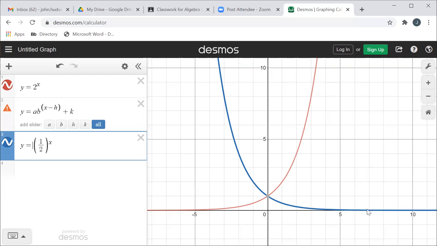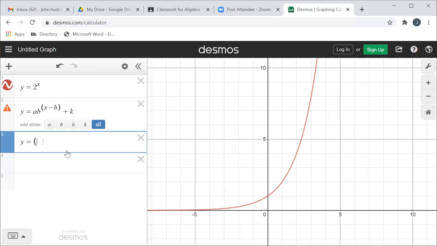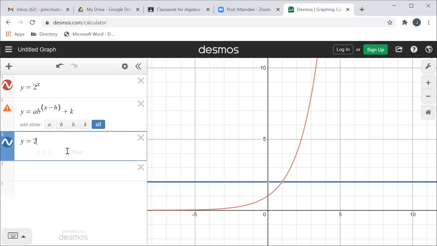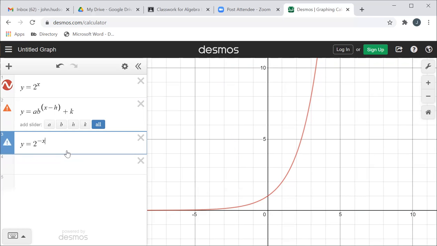If we flip it to 1/2 to the x, it actually reverses left and right. So that's the next thing. If the absolute value of the b value is less than 1, then we end up reversing the general curve. We can also reverse the general curve by making the x upstairs negative. So if I take 2 to the negative x, that also reverses the curve, kind of oddly enough.